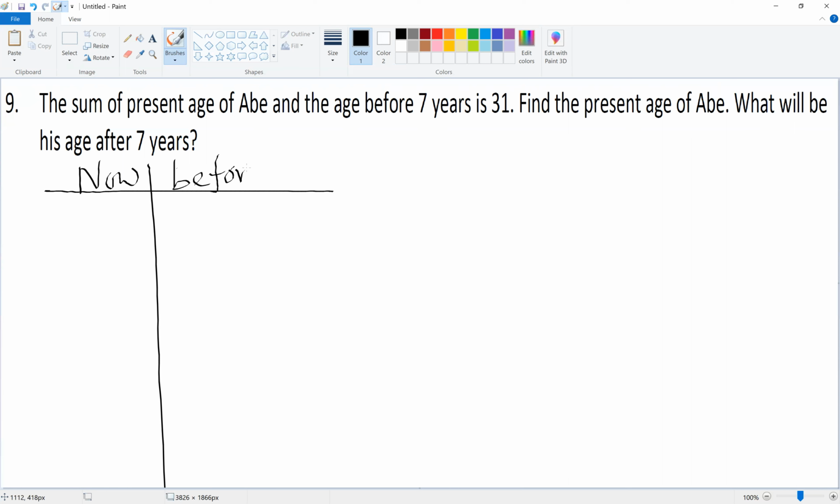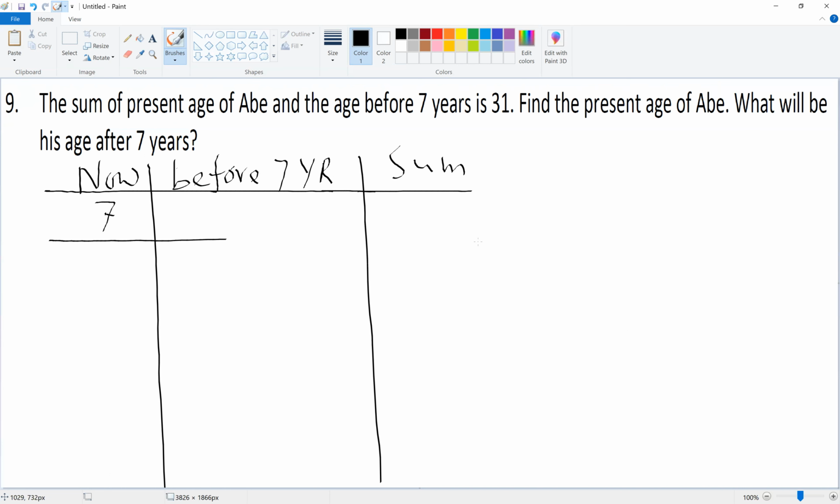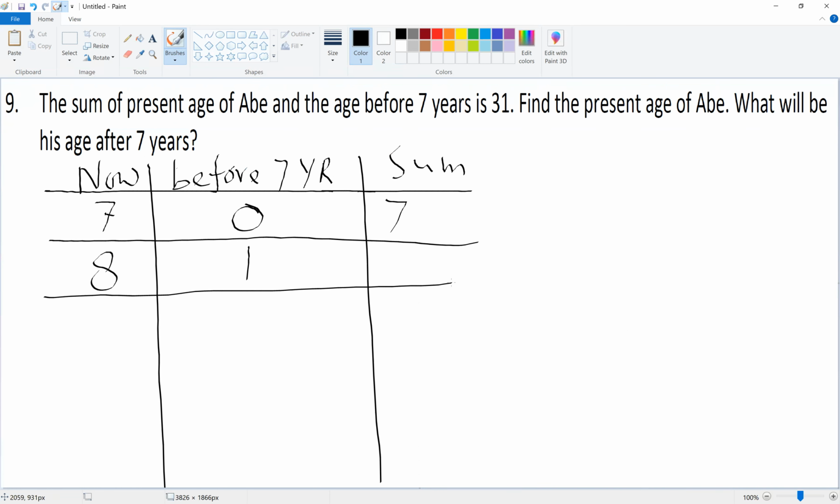Okay, I don't want you to do guess and check. So let's write the pattern. If Abe is 7 now, what would be the age before 7 years? 0. What is the sum? 7. If it is 8, this will be 1. What is the sum? 9.